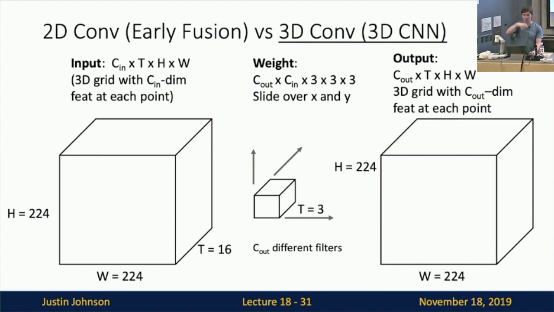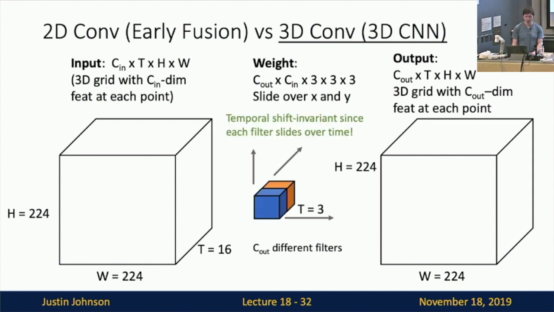And at every position in 3D space over which we slide the filter, we can compute the inner product between the filter and the chunk of the input at that position, and then compute a single scalar output, to produce this full 3D output from this layer. And now the key difference is that this idea of 3D convolution fixes this problem of temporal shift invariance that we had with 2D convolution.